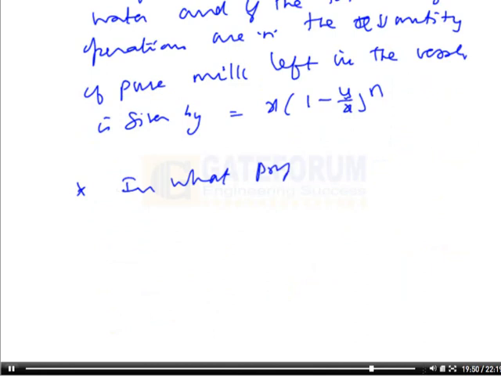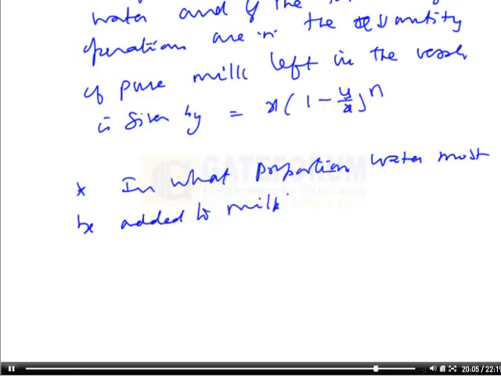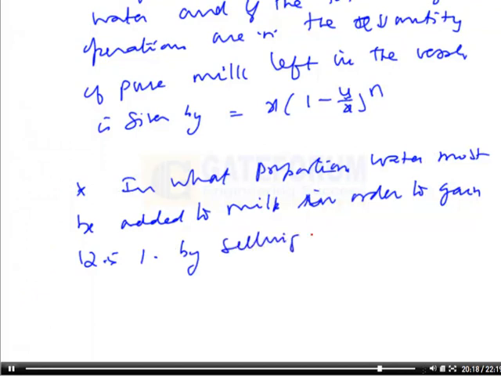In what proportion water must be added to milk in order to gain 12.5% by selling at cost price.